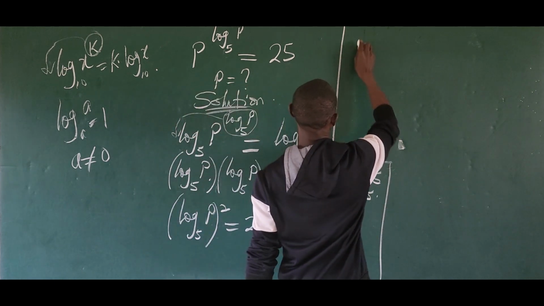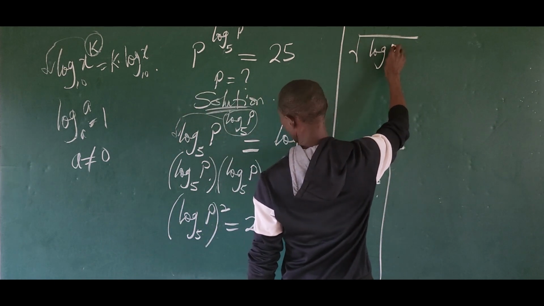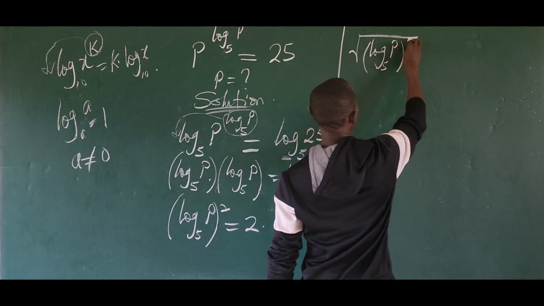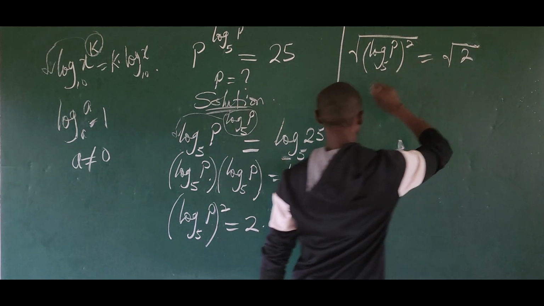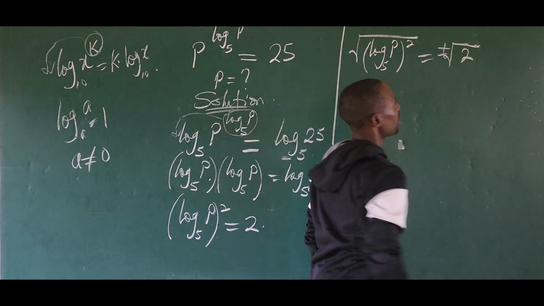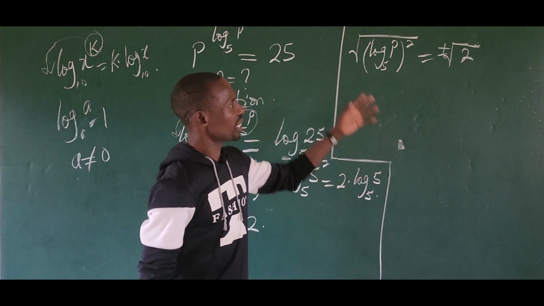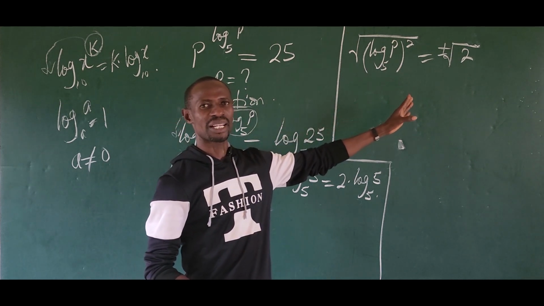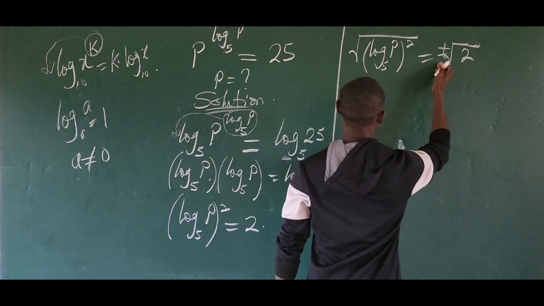This is going to give us the square root of log p base 5, all raised to the power of 2, equal to the square root of 2. At this point, we include our plus minus. Although some persons are of the opinion that when you take the square root of an expression, you don't need to introduce the plus minus to the other side of it. All right, but here, let's go on with this.